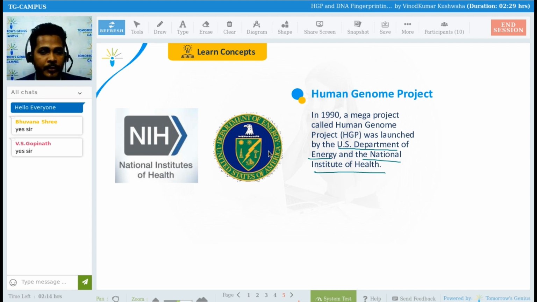These two different organizations of the USA came together and launched this project, called the mega project or Human Genome Project.